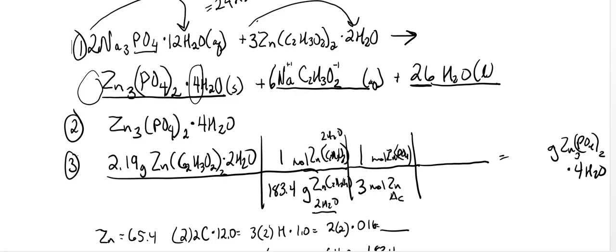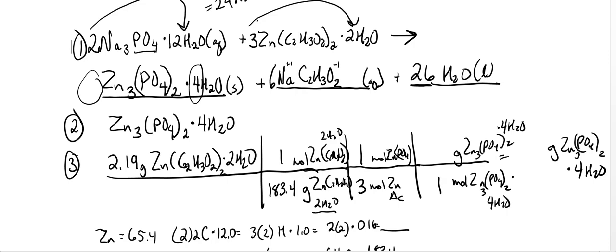So now we have it in terms of moles of zinc phosphate dot 4 waters. We need grams of that. So who do we return to? The blue-haired lady, who will always give us how many moles?